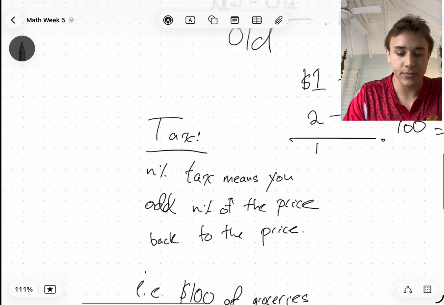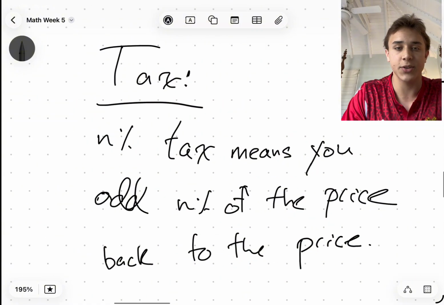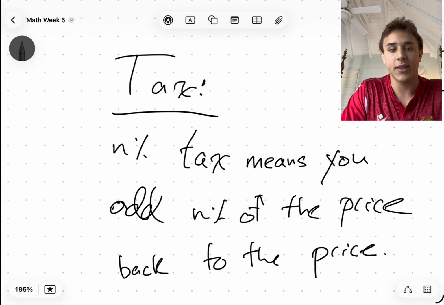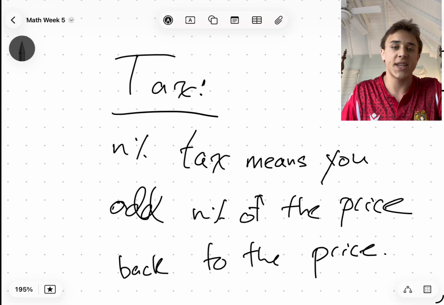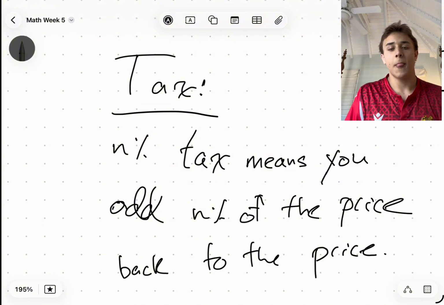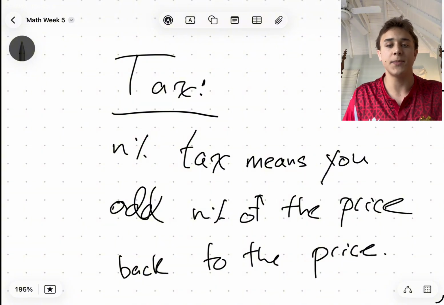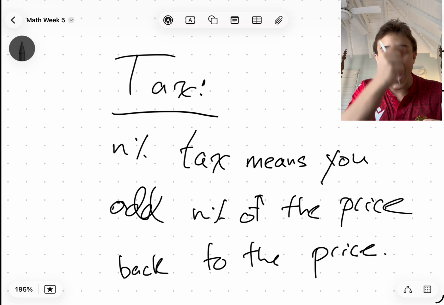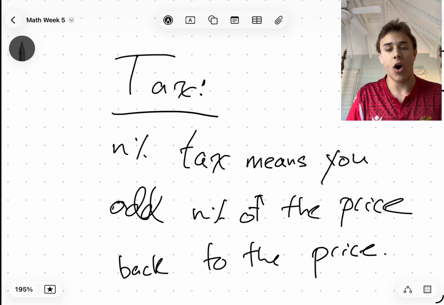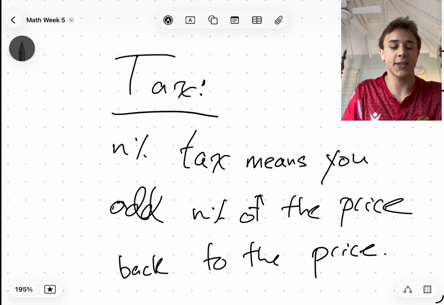Tax is a question they will sometimes throw at you during the test. With tax, you take the percent tax and add it onto the original value. For example, n% tax means you take the price of something and add n% of that price on top of the original price as tax.